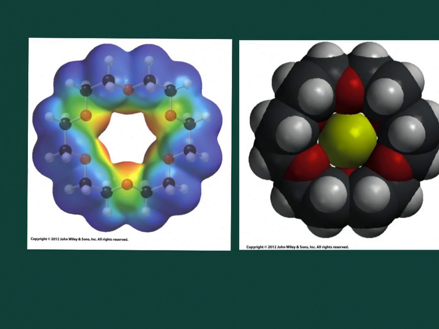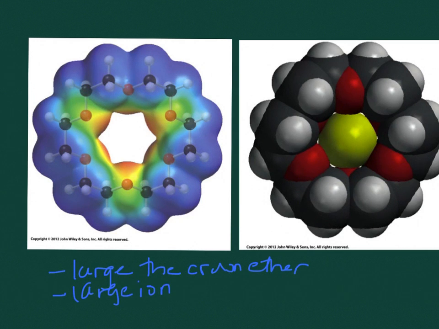Now the unique properties of crown ethers to coordinate metal ions come from the size of their cavity. So the larger the crown ether cavity, the larger the ion that's stabilized. And here is a picture of 18 crown 6.